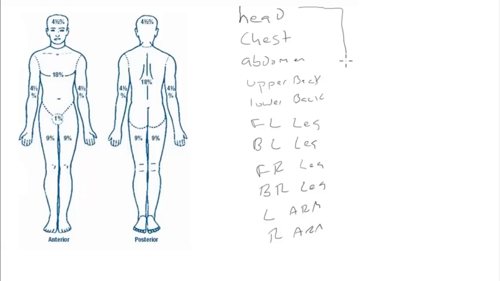And each one of these comprises 9% of your total body surface area. And we have one other region that's going to make up the remaining 1%, and that's going to be the genital region.